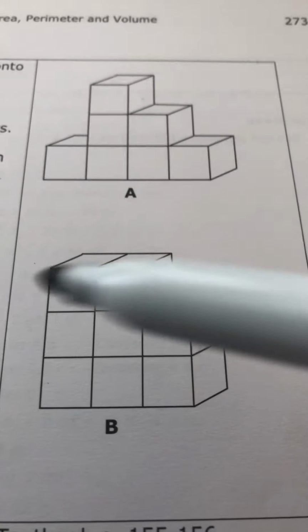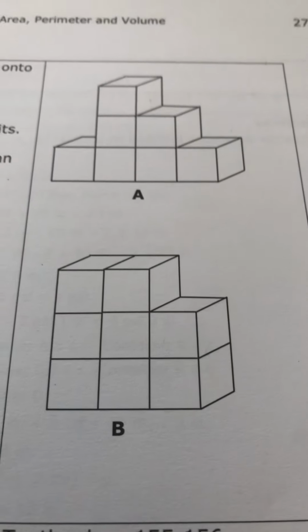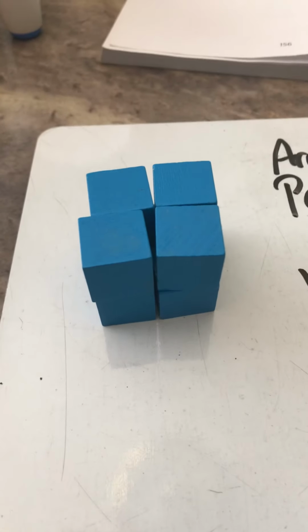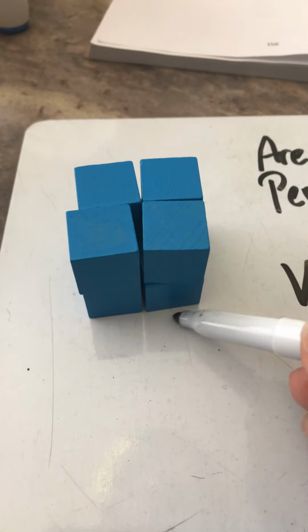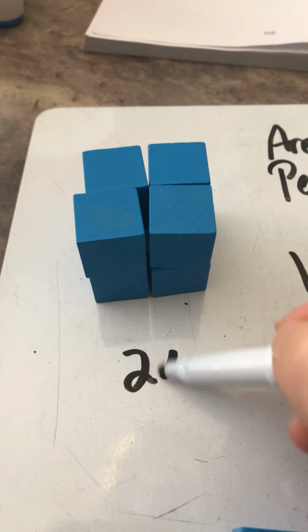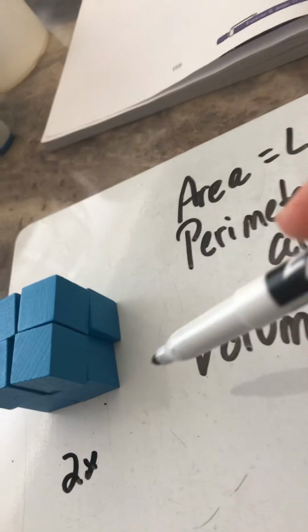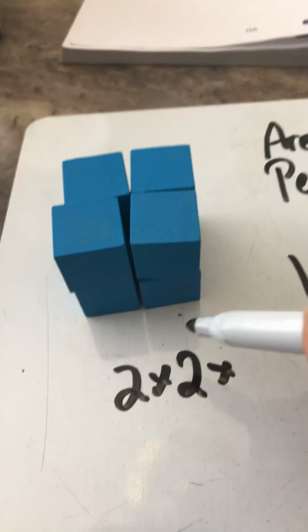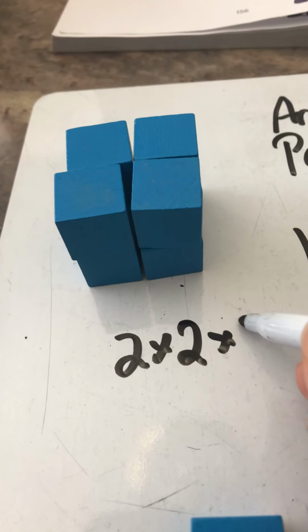Okay, now you can only use that when it's a figure that is solid, okay? When a figure is something like this, you can't do it. The volume is just going to be the number of blocks in it right now for you all, okay? So if I was going to do length times width times height, my length is 2. My width is 2. And my height is 2.